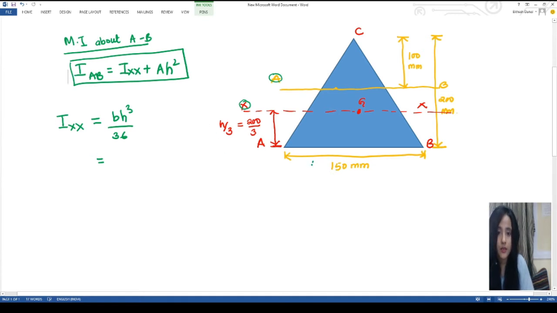So I have 150 into, how much is my H? Height of this triangle is equal to 200 here. So 200 cube by 36. Let us solve this in a calculator and see how much we get.